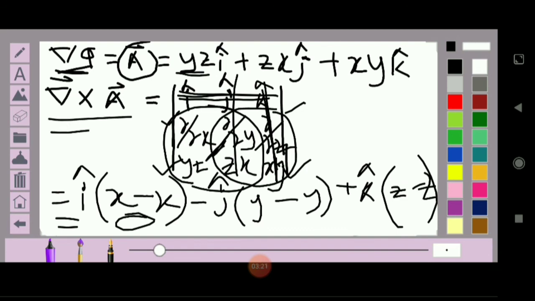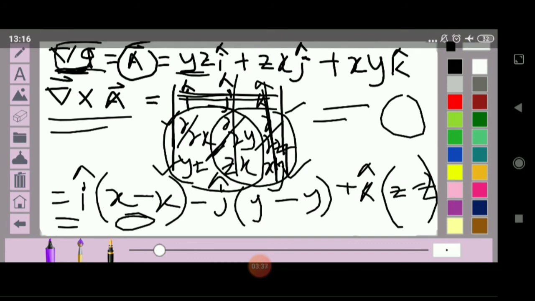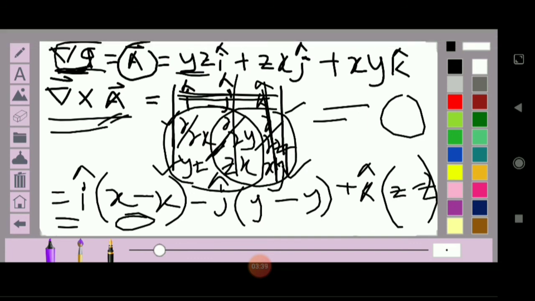So curl of A always gives us 0 whenever we are taking this kind of scalar function, that is phi equals xyz. Here we first found the grad of phi, then we took the curl of grad phi, that is vector A, and this gives us 0.